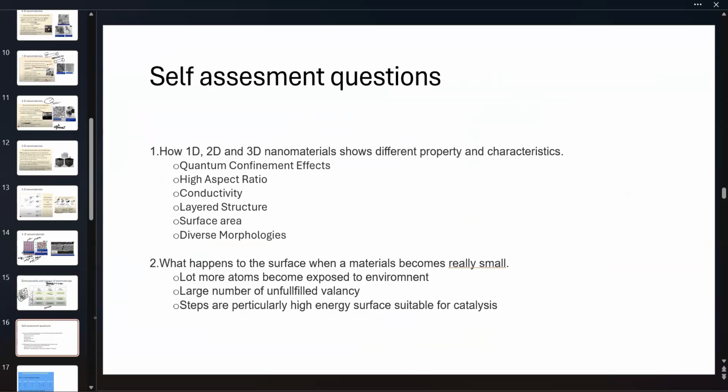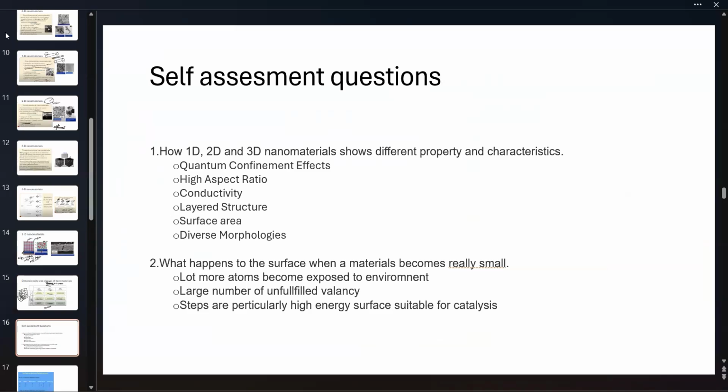Okay, self-assessment question from the second lecture. How do 1D, 2D, and 3D nanomaterials show different properties and characteristics?